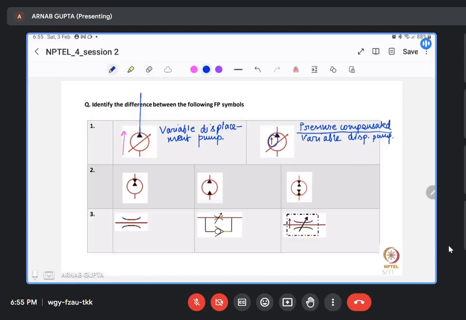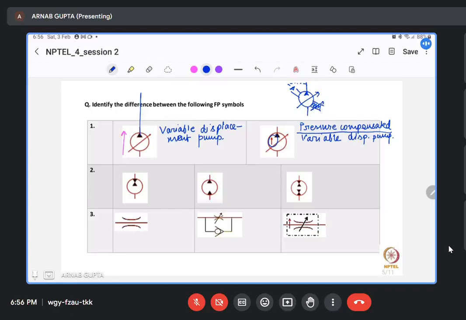There is another symbol for this, which is more elaborate.